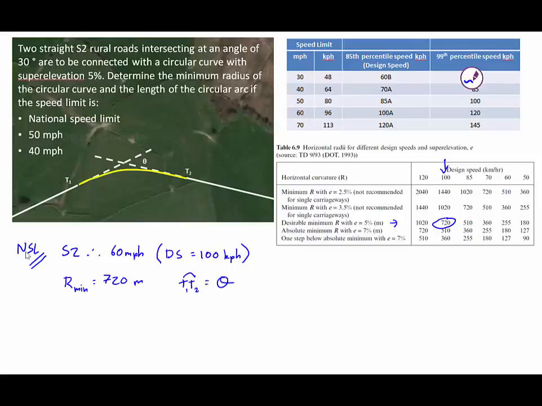That's equal to the deflection angle multiplied by the radius times pi over 180. So that is 30 multiplied by the radius of 720 times pi divided by 180. So the arc length for the national speed limit is 377 metres.